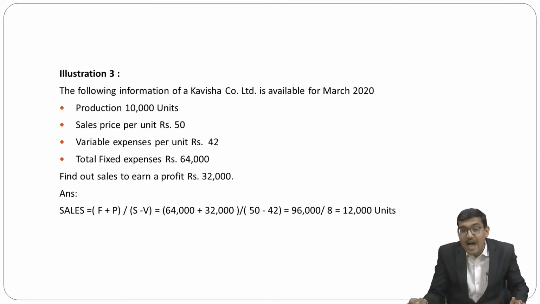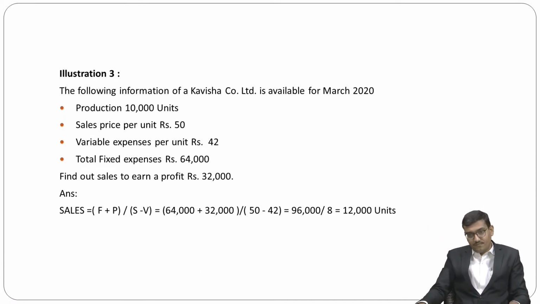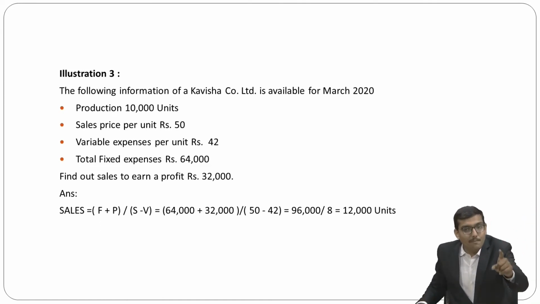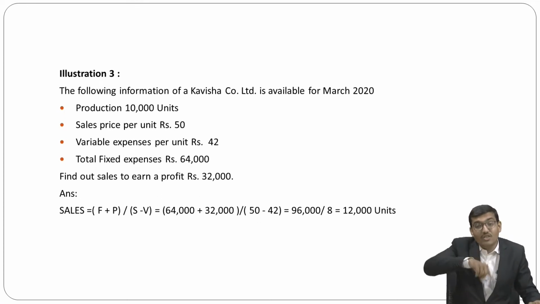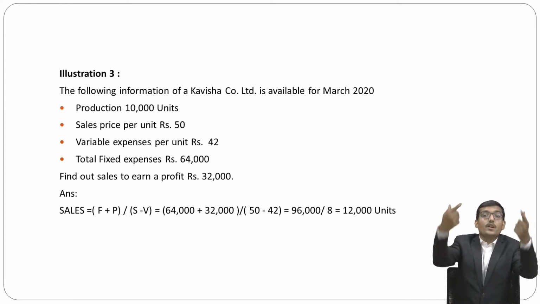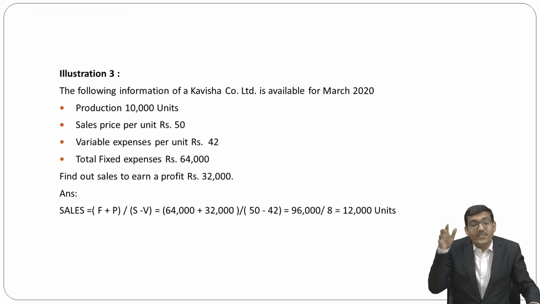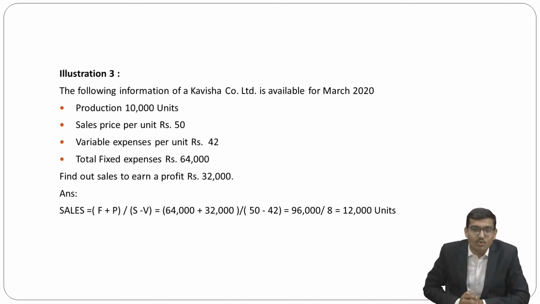Then find out the sales to earn a profit of rupees 32,000. In the first question, we had to determine the break-even point. In this question, we have to find out the sales, but when? When we earn a profit of rupees 32,000. So here the question is, sir, how do we get sales as per this profit of 32,000?